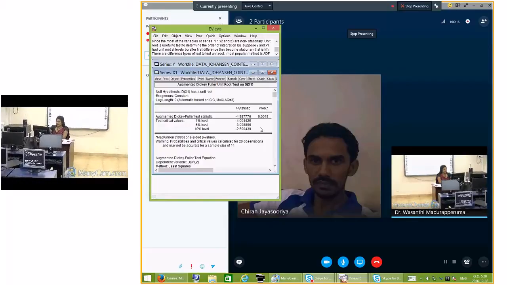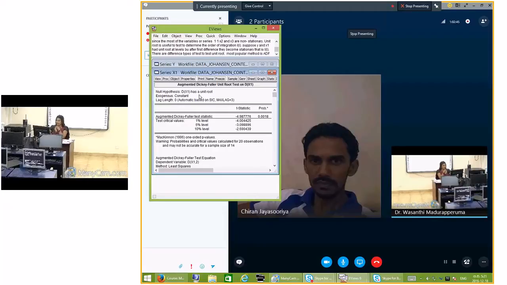It means the null hypothesis is that x1 has a unit root. If it has a unit root, it is the null hypothesis, and we reject it. Right, that means it doesn't have a unit root, that means the data series are stationary.